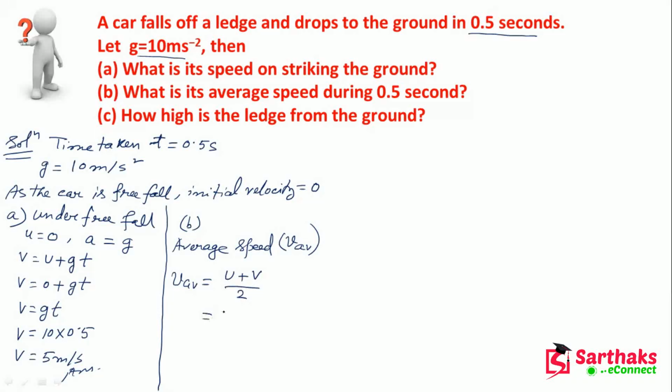So that will be (0 plus 5) divided by 2. That means the average speed will be 2.5 meter per second. So this is the second answer.